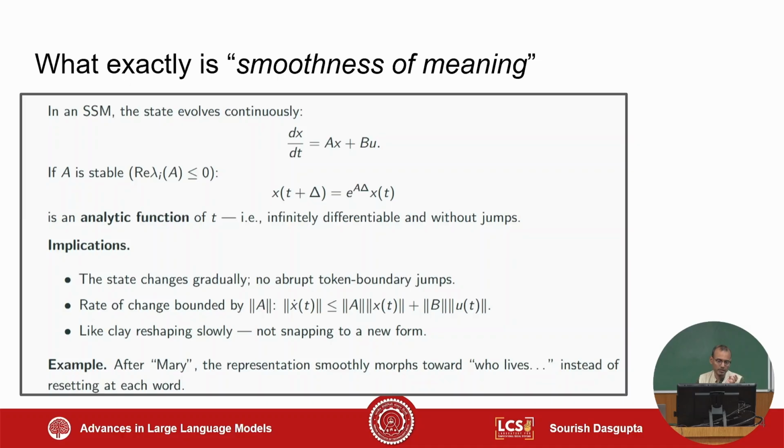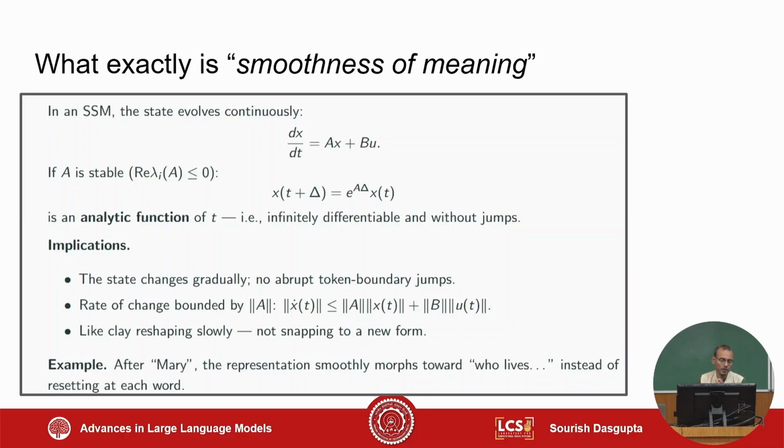And you have an analytical function over t because of this, which is infinitely differentiable, and it doesn't have jumps, right? It's continuous. So that is what we mean mathematically by smoothness of meaning, which means the rate changes gradually, no abrupt token boundary jumps.